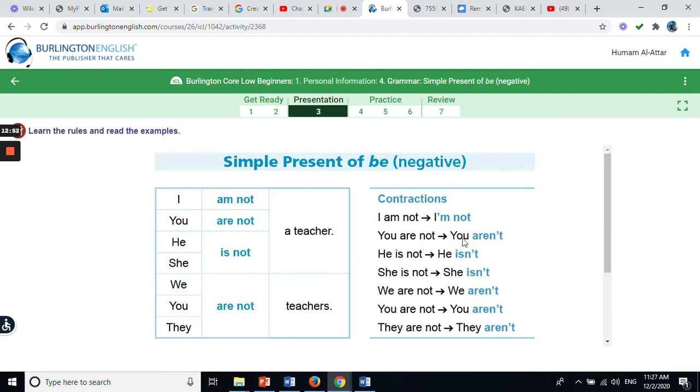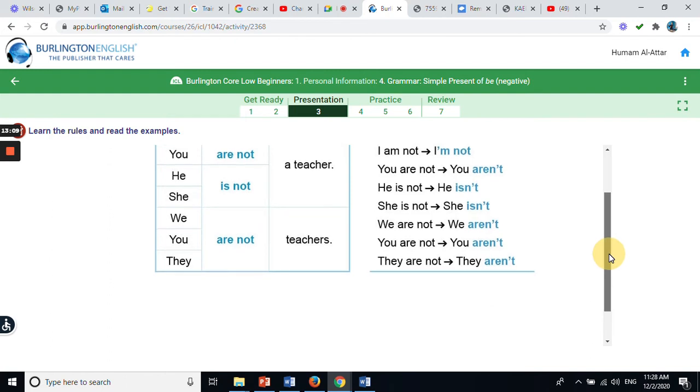You are not. You aren't. He is not. He isn't. She is not. She isn't. Okay? We are not. We aren't. You are not. You aren't. They are not. They aren't.